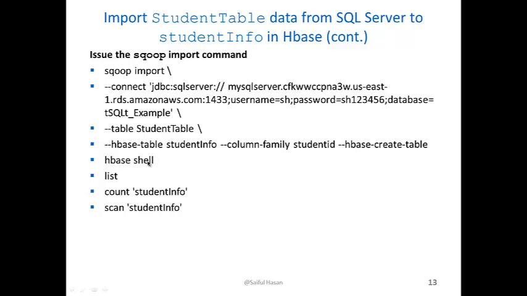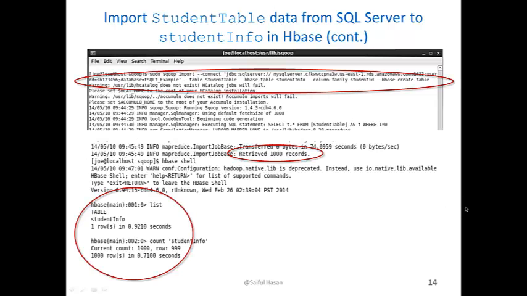And then we get into the HBase shell, we are listing, we count the records, and we examine some sample data. So here we issued the command, and we see that it has retrieved 1,000 records, going through the MapReduce cycles. We go to the HBase shell, and we are in the HBase prompt.